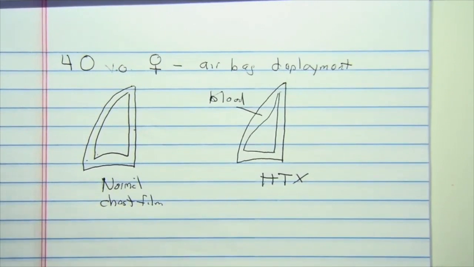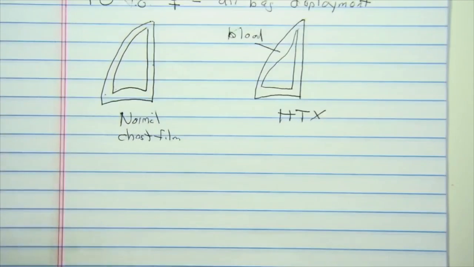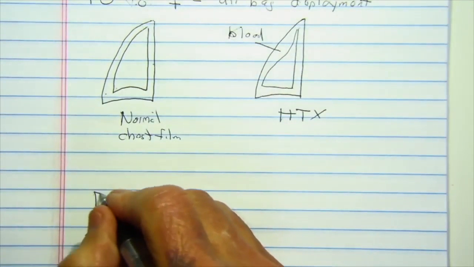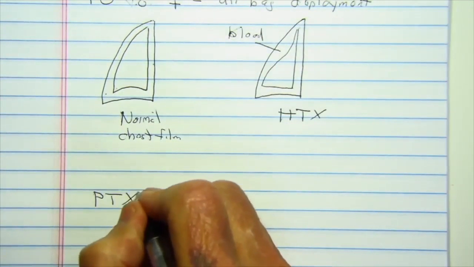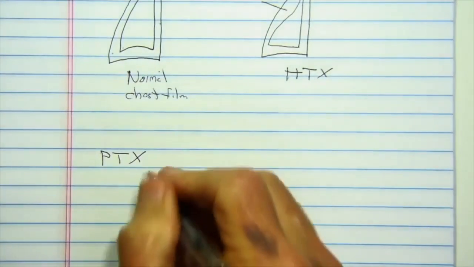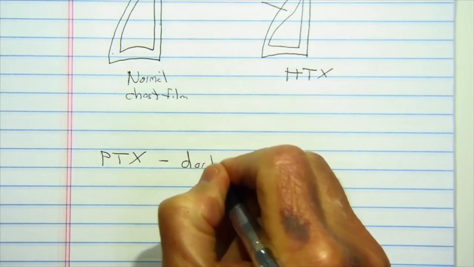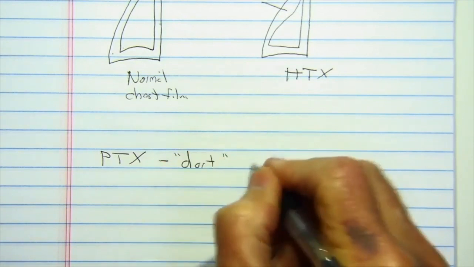So now we just have to think of treatment of this. If we had a PTX, depending on the size of it, in order to get it to resolve, they would use either what's called a dart or a chest tube.